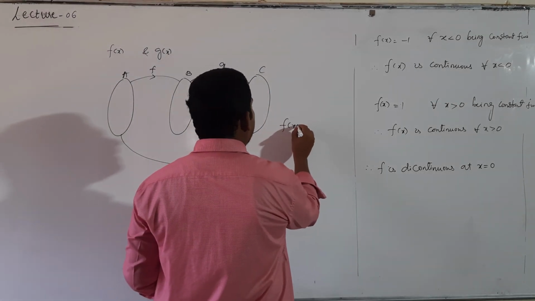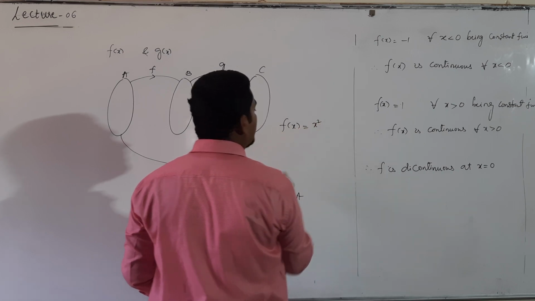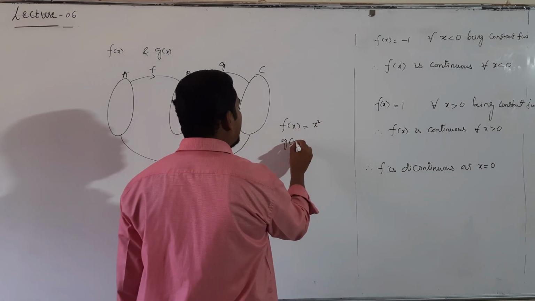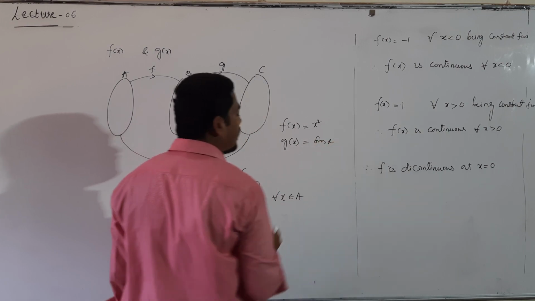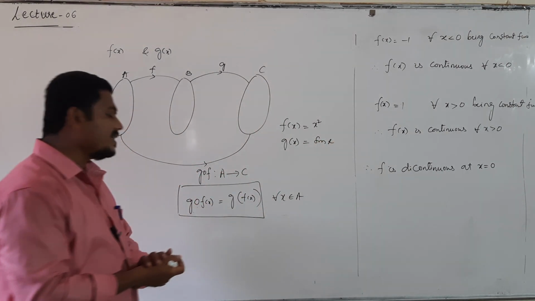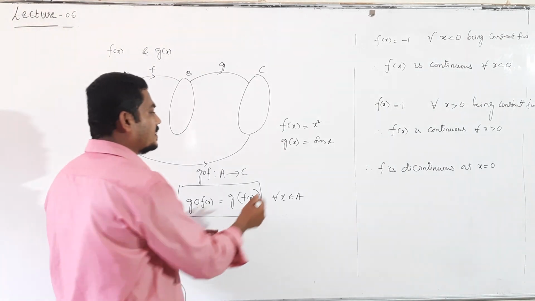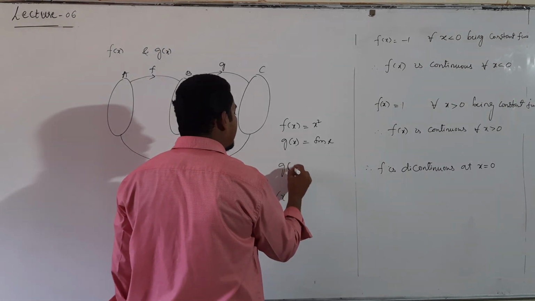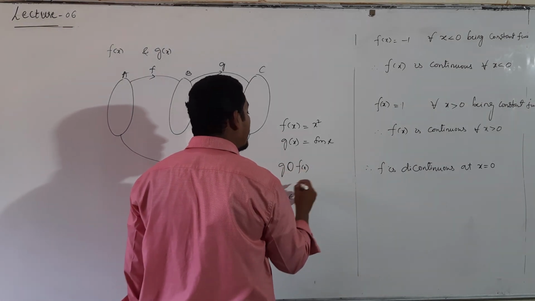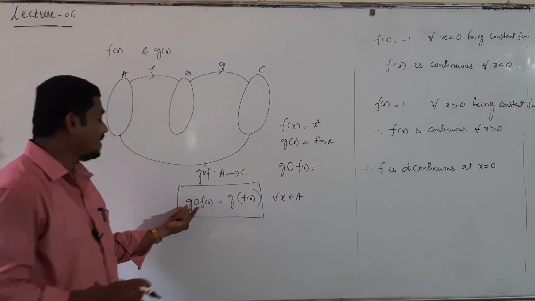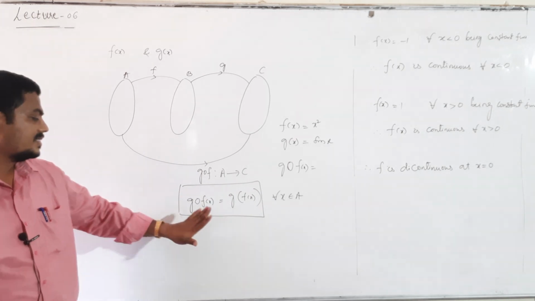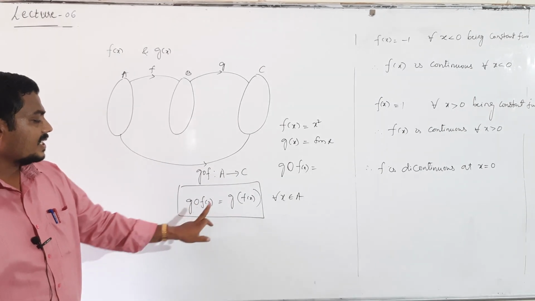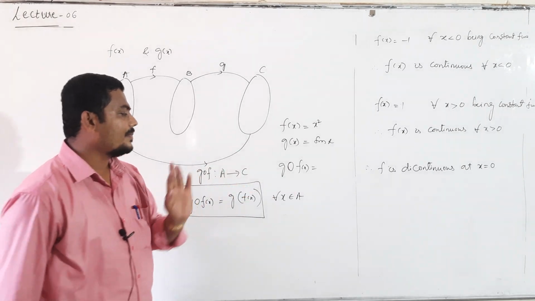Suppose f of x equals x square is given and g of x equals sin x is given. Can you tell me the value of g circle f of x? According to the definition of composition, g circle f of x can be written as g of f of x. By definition, g circle f of x is nothing but g of f of x.